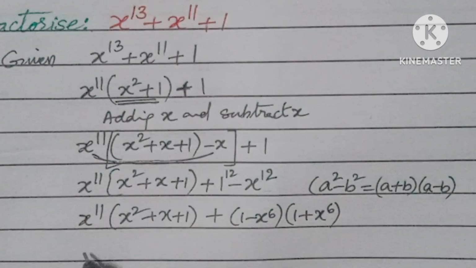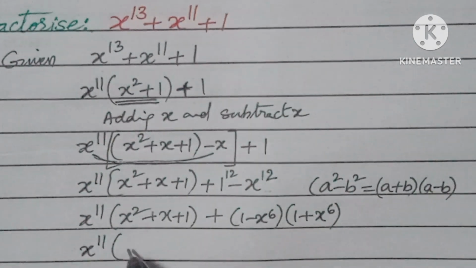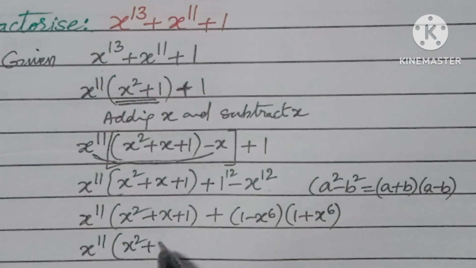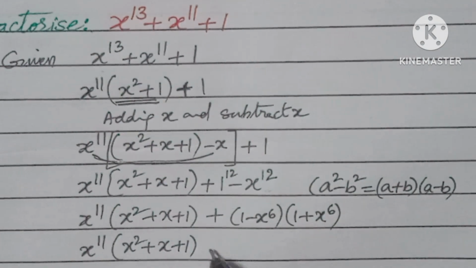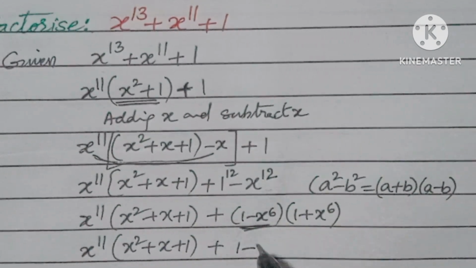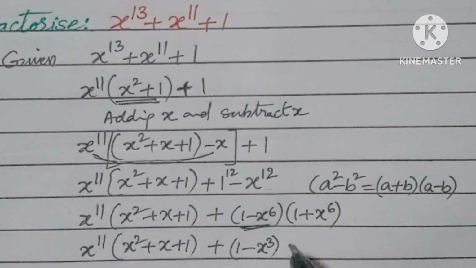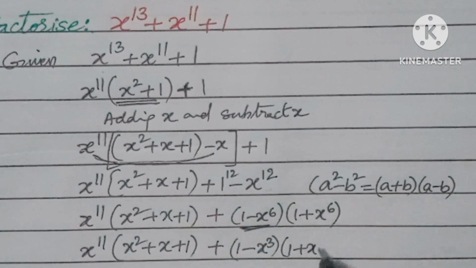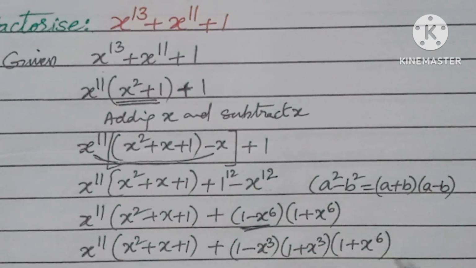Now further you can divide it. X to the power of 11 into x square plus x plus 1. Further I can apply the formula here: 1 minus x cube into 1 plus x cube into 1 plus x to the power of 6.